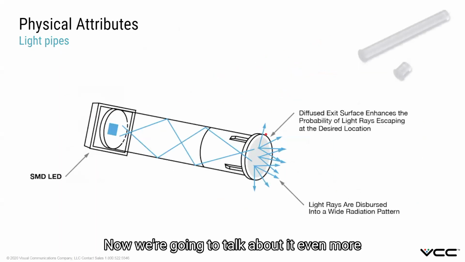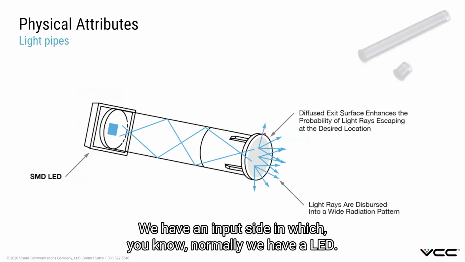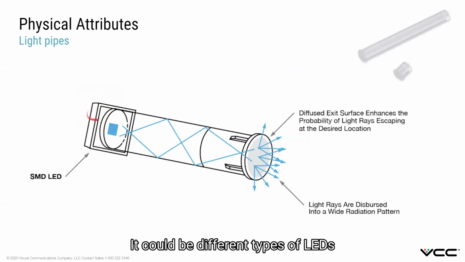Now we're going to talk a little bit more into the detail of the light pipe and the physical attributes. As we're mentioning, we have an input side in which normally we have an LED. It could be different types of LED: SMT, through hole, or a combination of both.